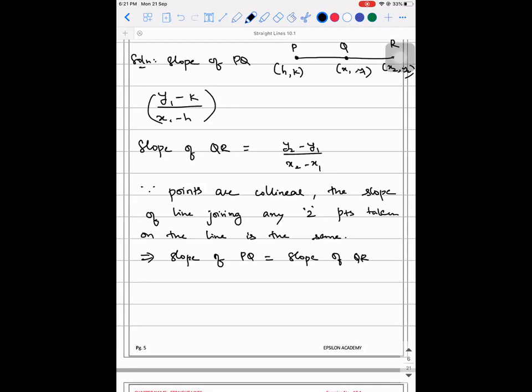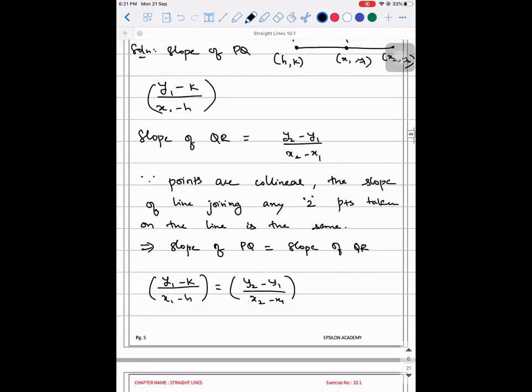So what is the slope of PQ? y1 minus k divided by x1 minus h is equal to y2 minus y1 divided by x2 minus x1. Which implies (y1 minus k) into (x2 minus x1) is equal to (y2 minus y1) into (x1 minus h).